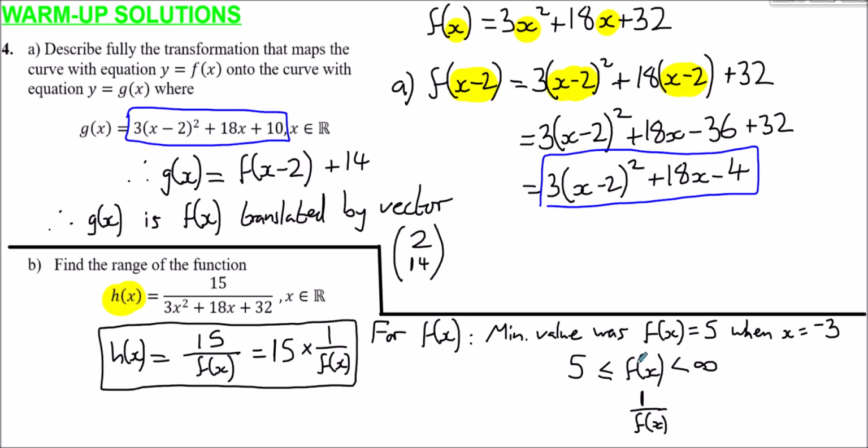If the smallest f of x can be is 5, then the biggest 1 over f of x can be is 1 over 5. And similarly, if the largest thing is unbounded towards infinity, then the smallest 1 over f of x can be is 1 over something near enough infinite, which is going to be 0.